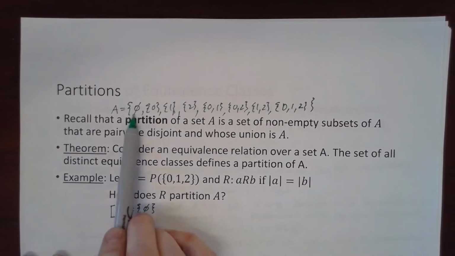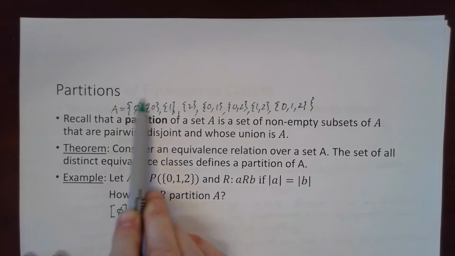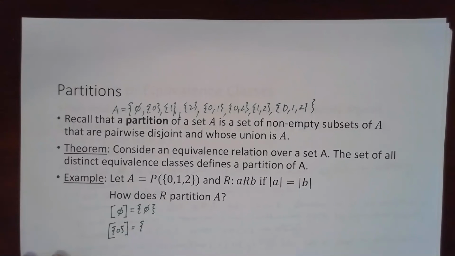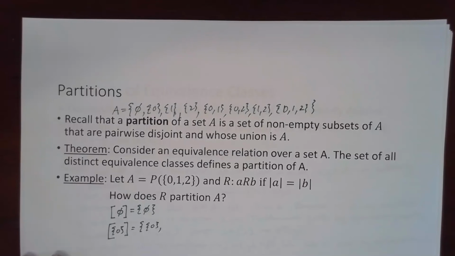Let's go on to the next element because that hasn't been covered yet. The set containing 0. Let's think about its equivalence class. Well, the set containing 0 would be in that one, because it has the same cardinality as itself. Are there any other subsets that have the same cardinality as it?